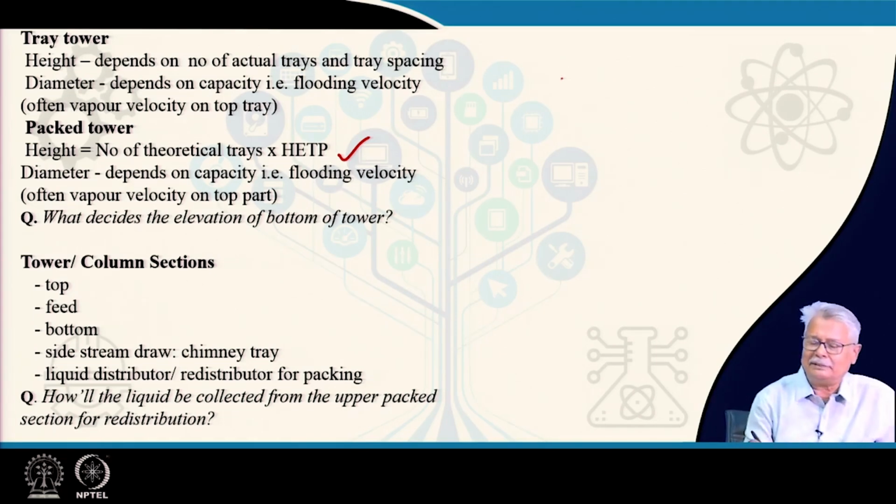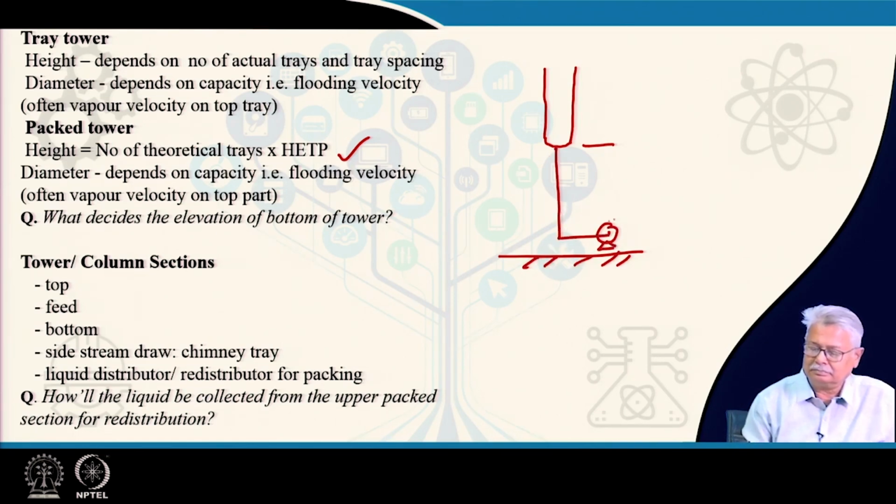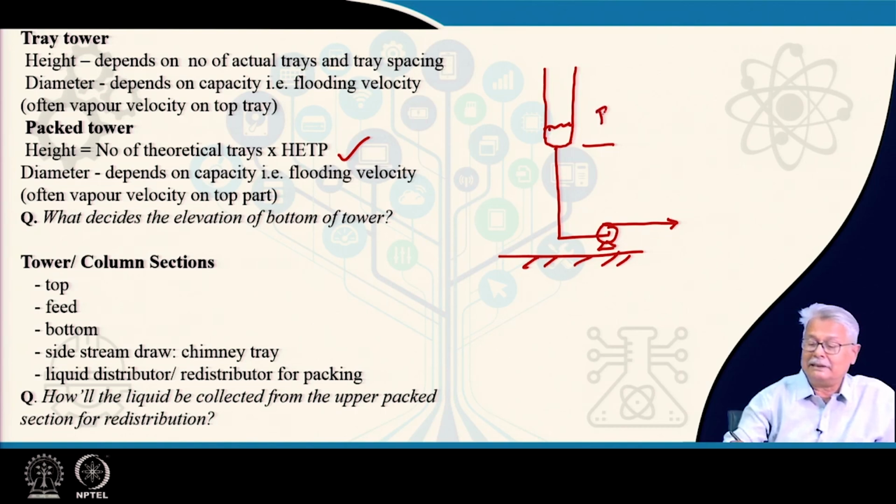So, what you have is basically a tall tower which is like this, and this is your ground level, where you will be having your pump. The liquid level in the tower, the liquid is at the column bottom, and what is the condition of the liquid? This is at its bubble point.